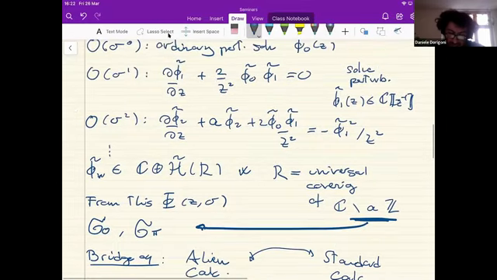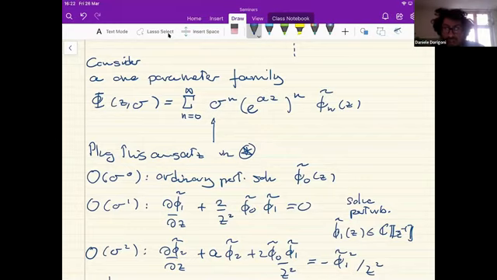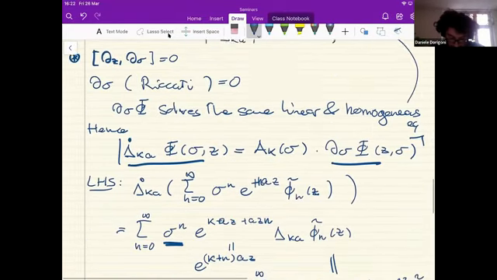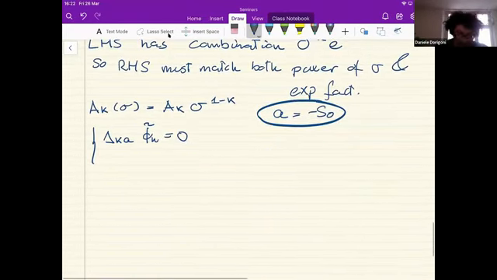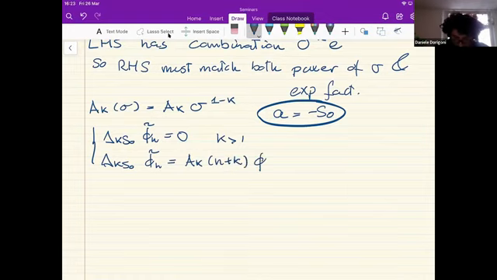Of course, I didn't tell you what A is. Yeah, here we go. So let me just change A to be minus S0. And at this point, the equations become delta k S0 equal to 0 for k bigger than 1, and delta k S0 of phi n is equal to ak n plus k phi tilde of n plus k for k smaller or equal than 1.